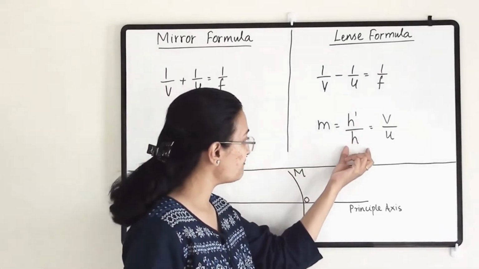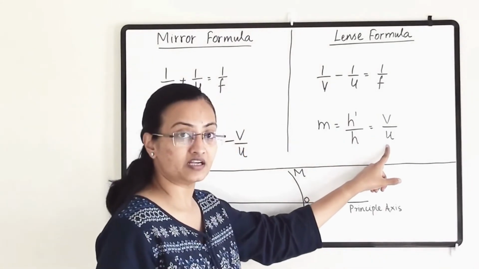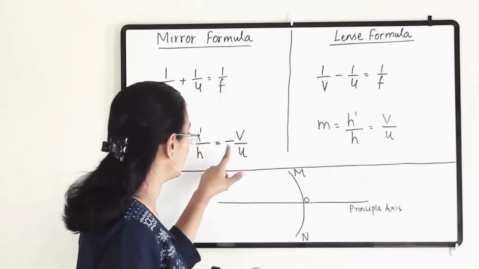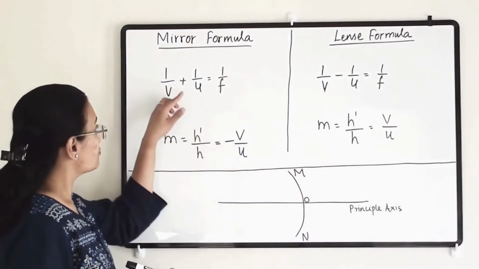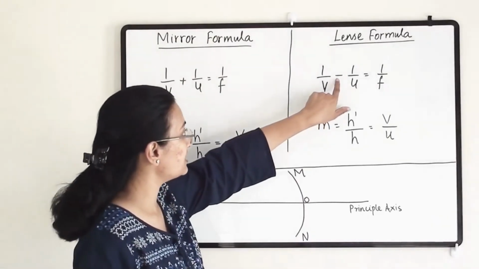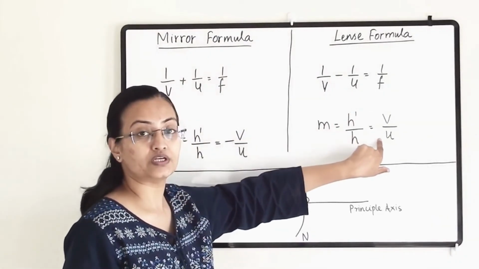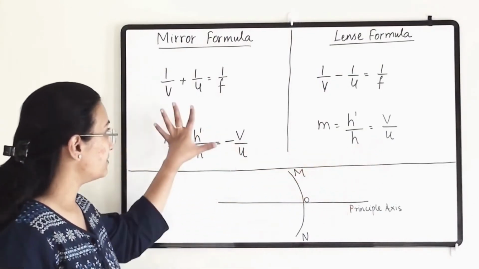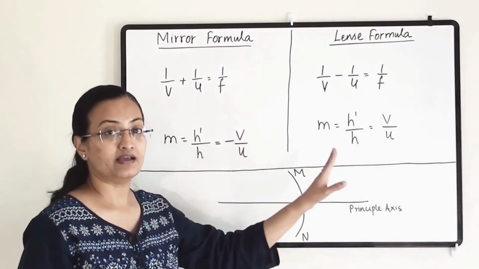Here also the same formula will be there, but when we are taking the distance of the image and object, this will be plus and this will be minus. So in this formula it is plus, but here it is minus, whereas here it is minus, and here this term we are taking plus. So that is the basic difference between the mirror formula and the lens formula.